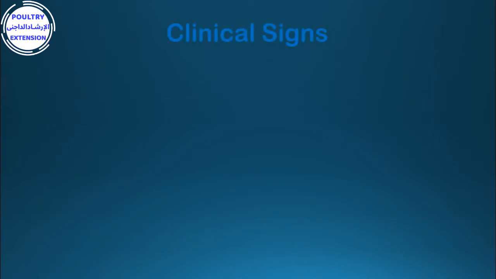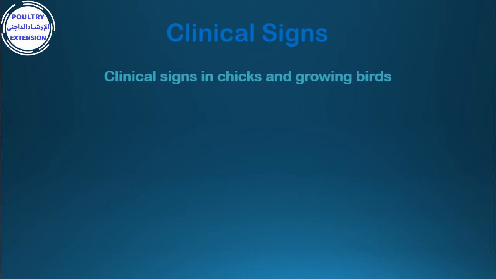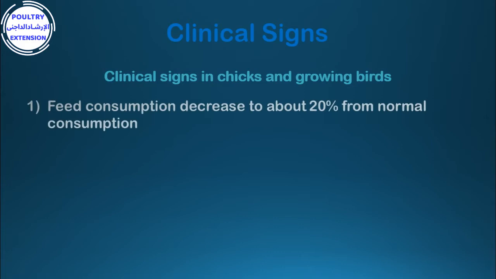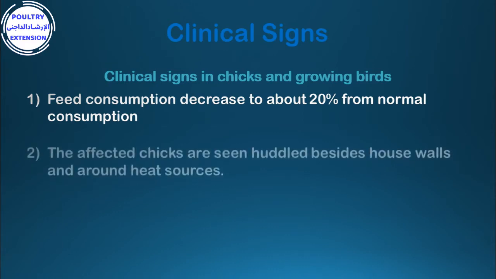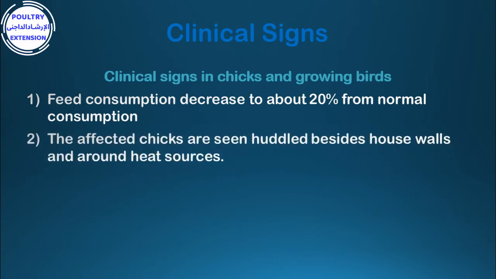Clinical signs. Clinical signs in chicks and growing birds. 1. Feed consumption decreases to about 20% from normal consumption. The affected chicks are seen huddled beside house walls and around heat sources.